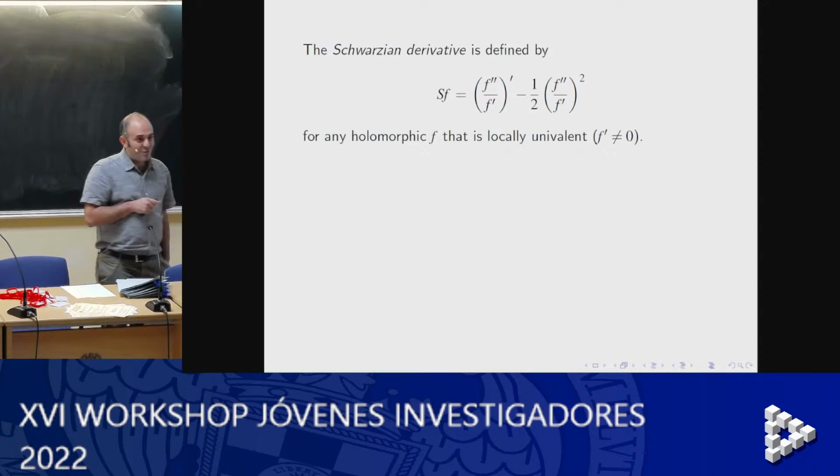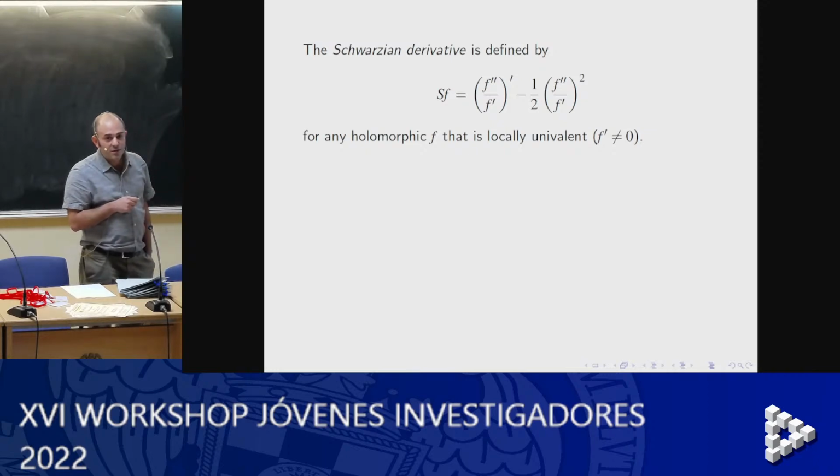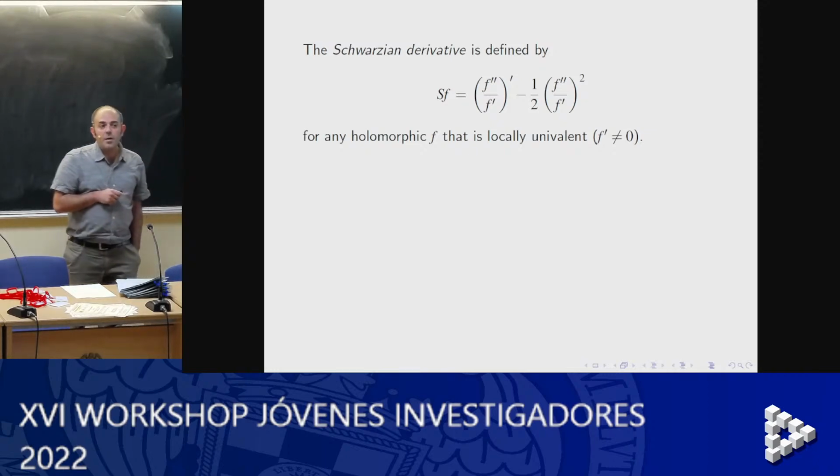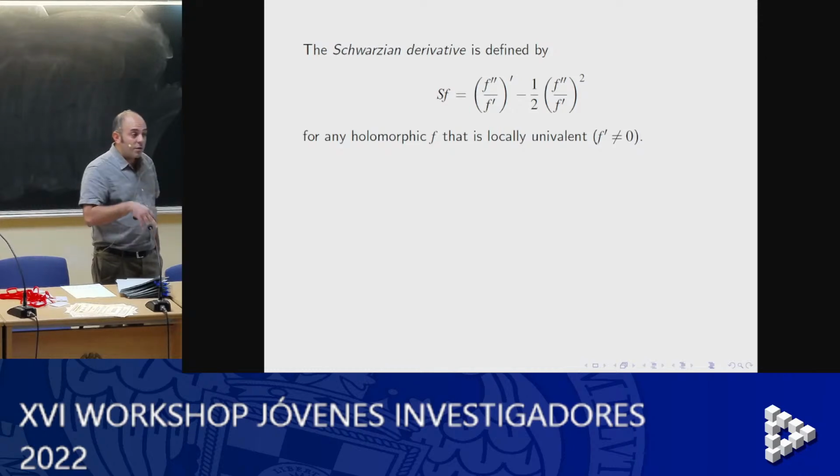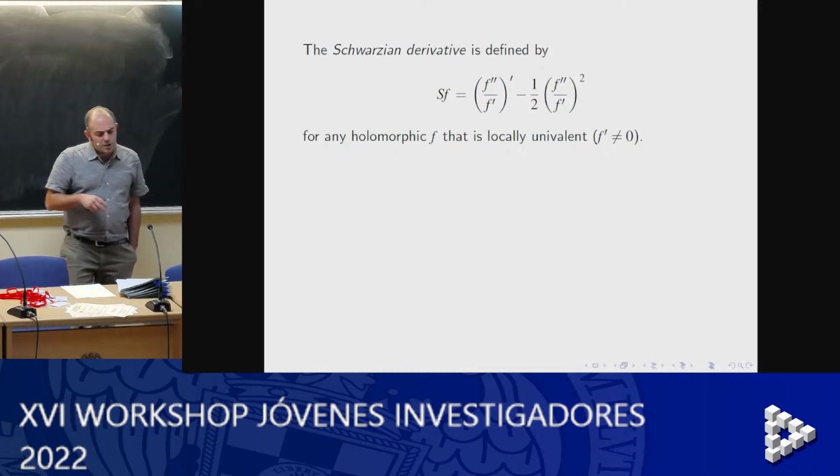This is a very old object from the 19th century, by works of Schwarz, Cayley, Kummer. They considered this hypergeometric equation and solutions and their analytic continuation. And this was a very important object back then.